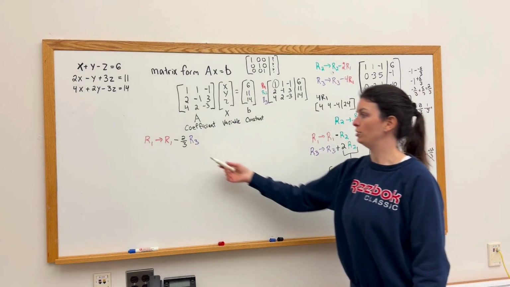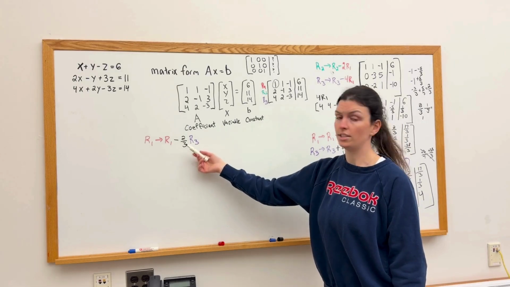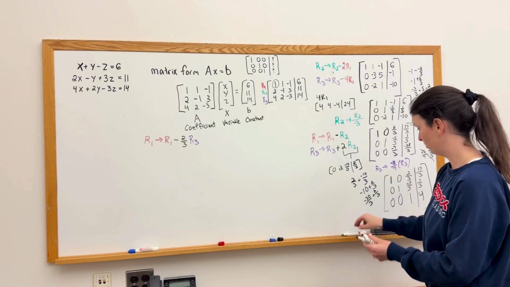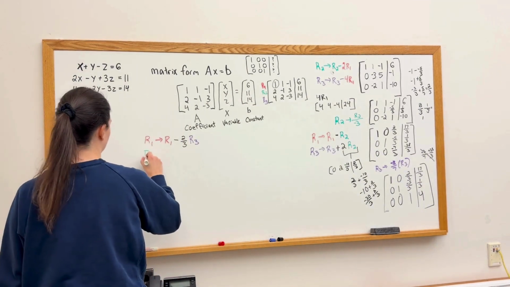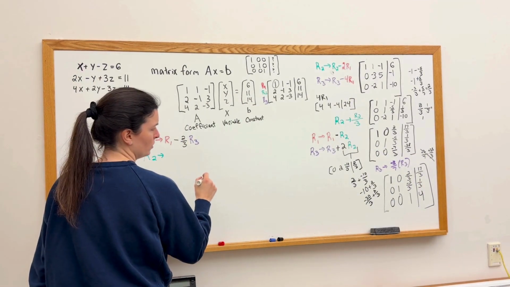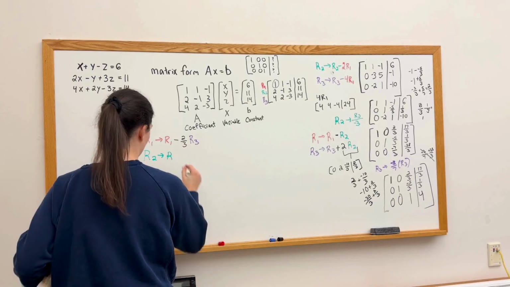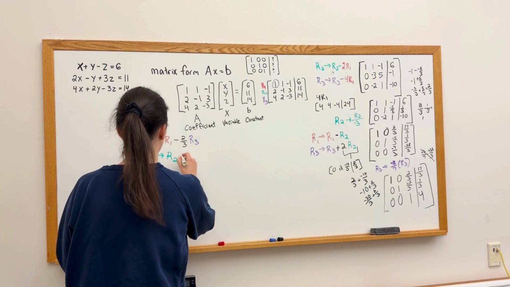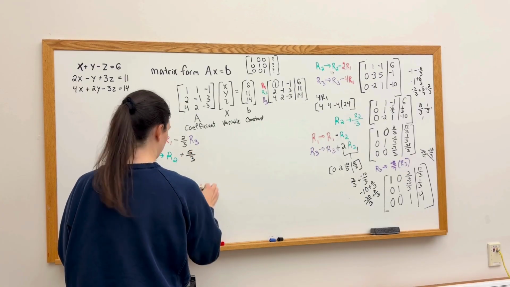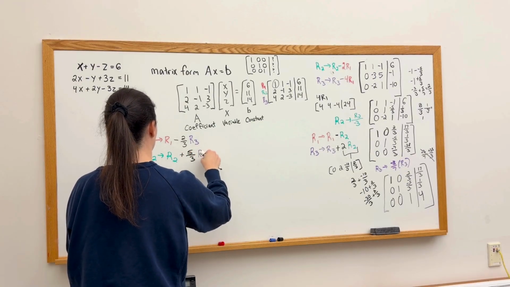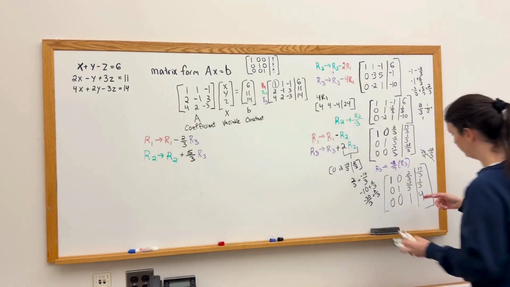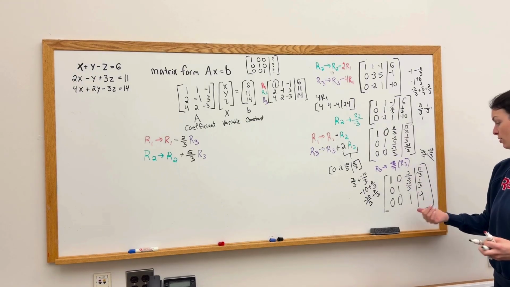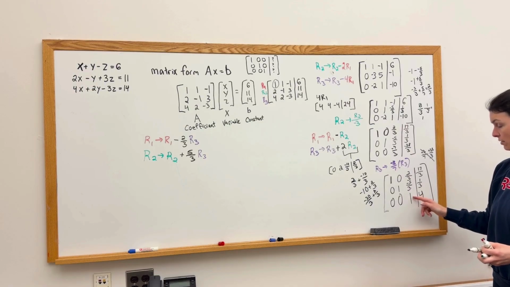So that's why we're multiplying by 2/3 and then subtracting. And then row 2, green, is going to become row 2 plus 5/3 times row 3. And again, because we have negative 5/3 here, we want to add 5/3 to that to get to 0. So we can get 5/3 by multiplying this by 5/3.